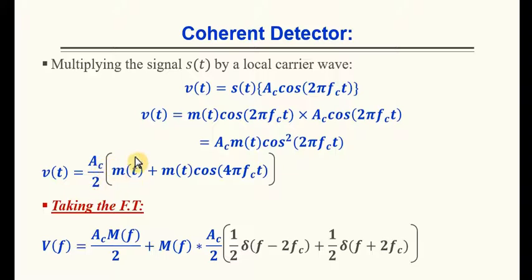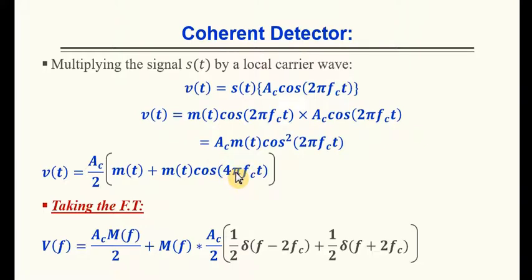So the Fourier transform for m of t is equal to capital M of f multiplied by a constant AC over 2 plus also AC multiplied here, and we have seen this earlier in the earlier slides. M of t, this is multiplication of two signals in time domain, which will be a convolution, and we know that the Fourier transform of cosine.